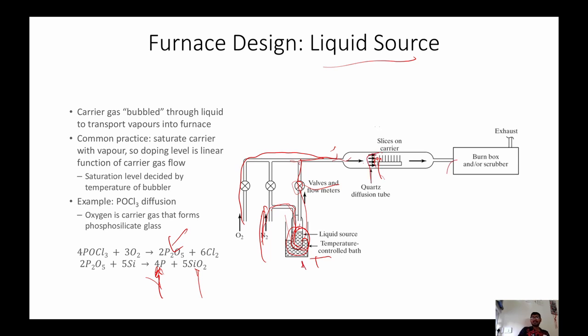And whatever the byproduct or unreacted POCl3 will be taken out with the nitrogen, and we will treat the gas before the exhaust, so that it should not harm the environment as well.